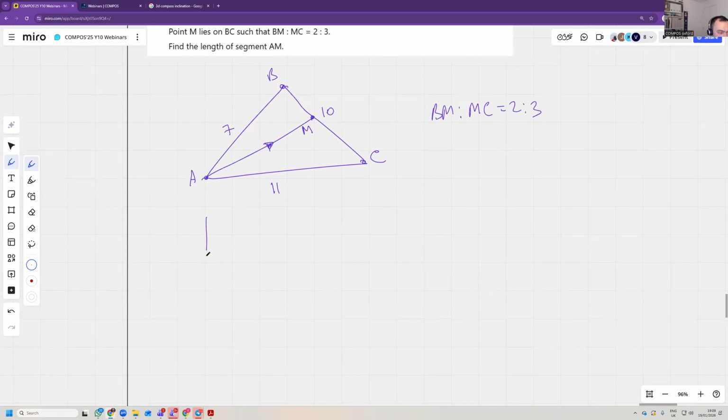Yeah, we can use the same method. So place A at point (0, 0), point C at (11, 0), and point B at unknown coordinates. Let's call it (B1, B2). So these are the coordinates of B.